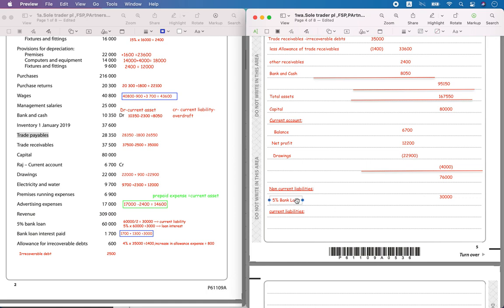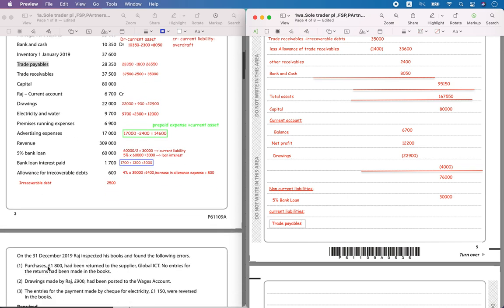So this also had to be accounted for: 1,800. It is 26,550 because a purchase return had happened.